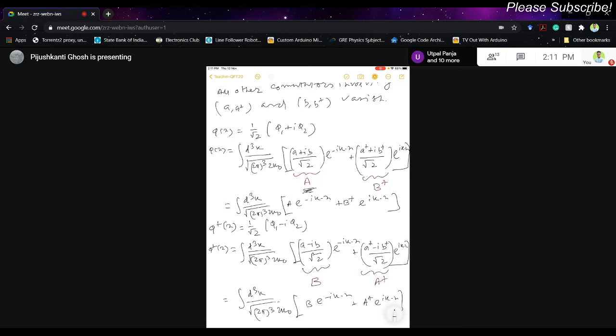It is always true that the electron is the particle, the positron is the antiparticle, and also the electron is the antiparticle of the positron. So you can identify A as the particle annihilation operator or the antiparticle annihilation operator. The convention is that capital A is the particle annihilation operator, and capital B is the antiparticle annihilation operator.